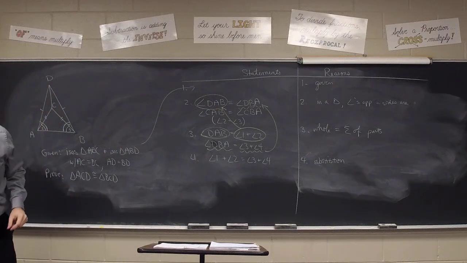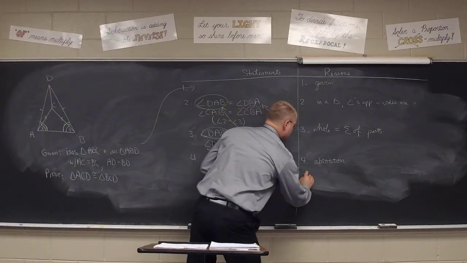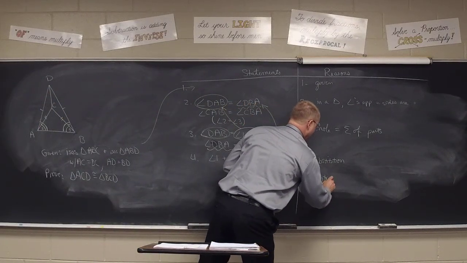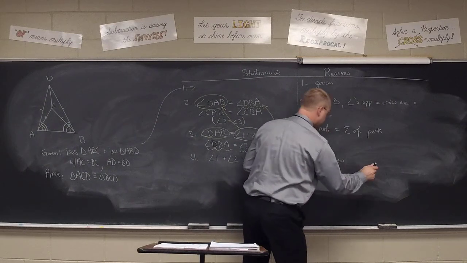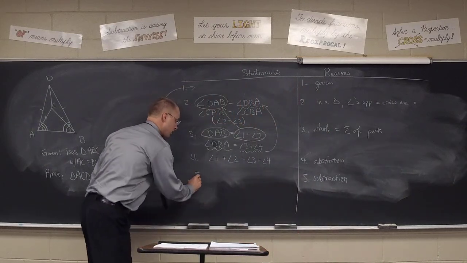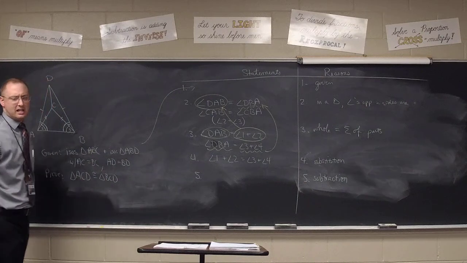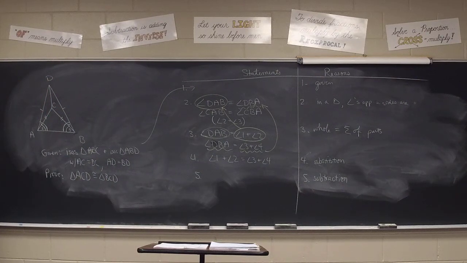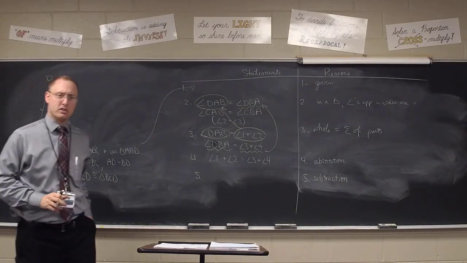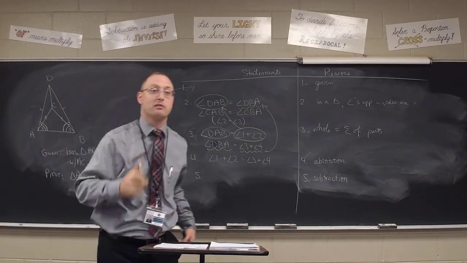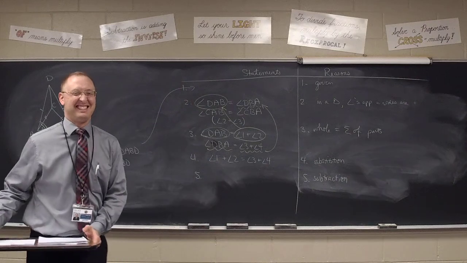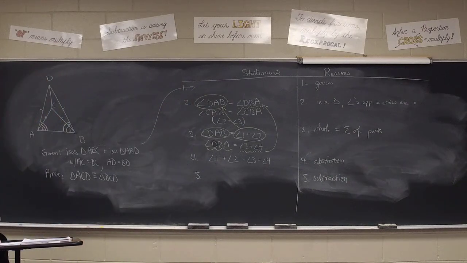Then for number 5, I said I wanted you to use the subtraction axiom. Well, what does the subtraction axiom say, Noah? Do you remember? Something about equals, equals, equals, and subtraction. What is the subtraction axiom?